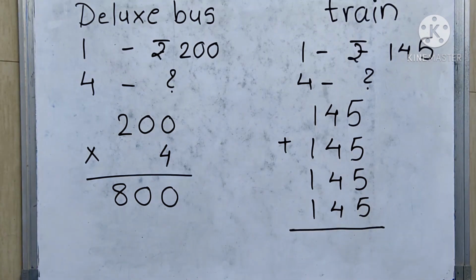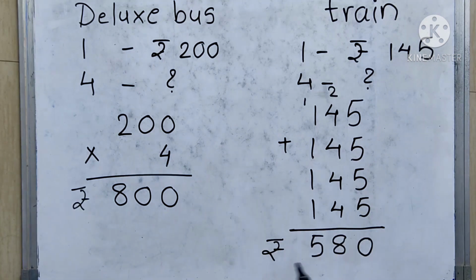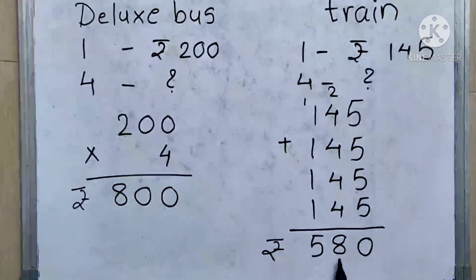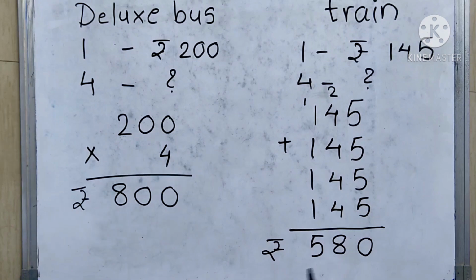Add this and then you will get the answer. So the answer is 580 rupees. Now children, the cost of bus ticket is 800 rupees and the train ticket is 580 rupees. So Riya's father should choose train ticket because he needs to pay less money.